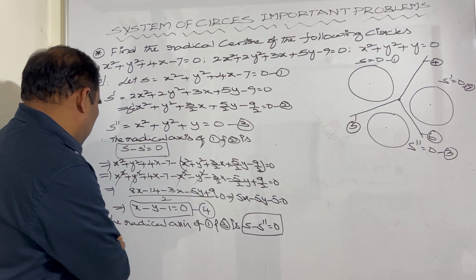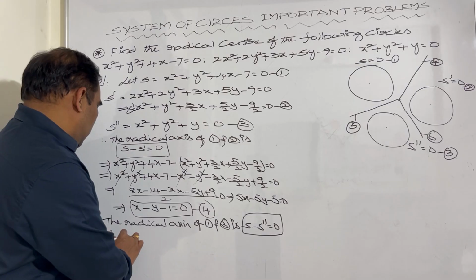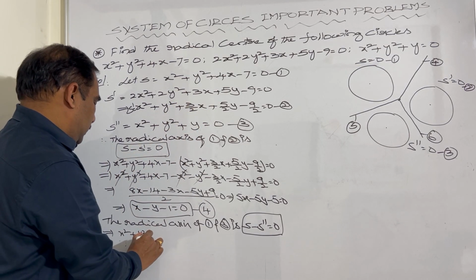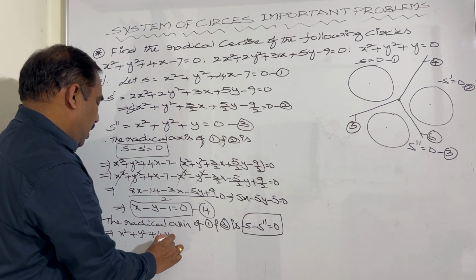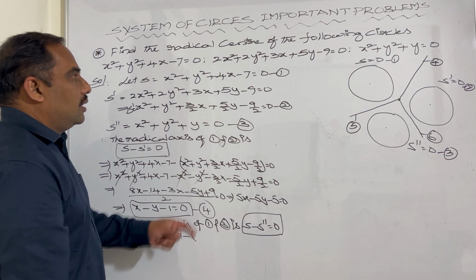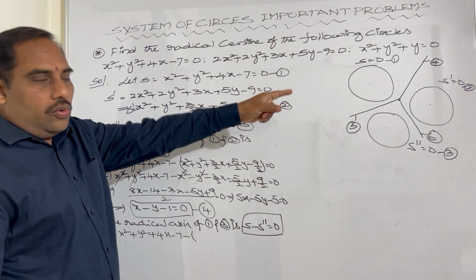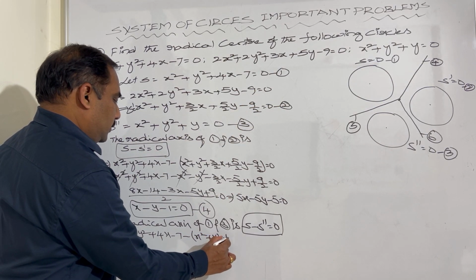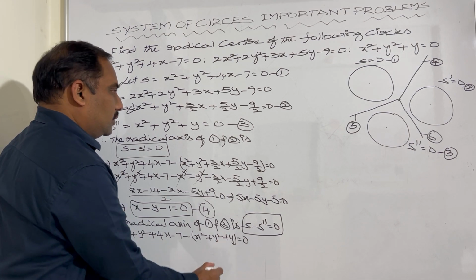So S is the equation x square plus y square plus 4x minus 7, and the third equation we have is x square plus y square plus y, which is equal to 0.